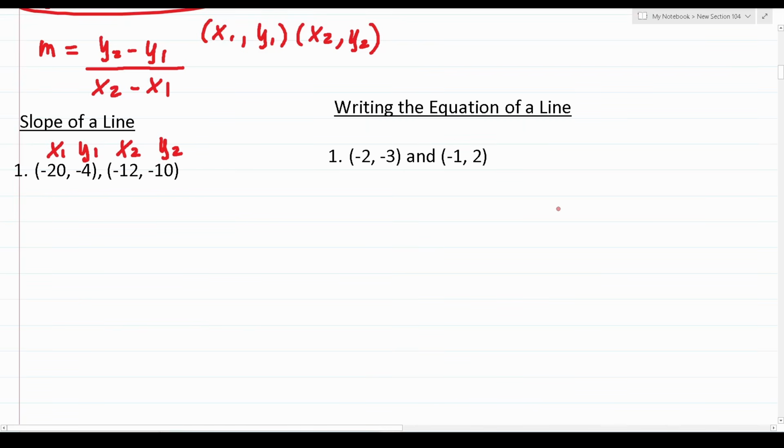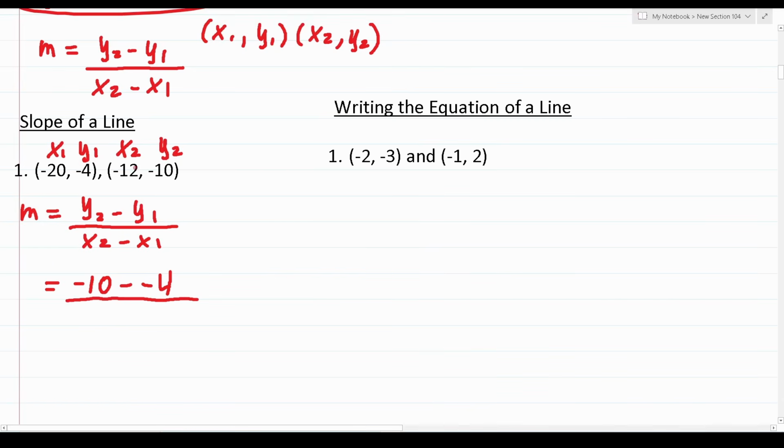Now that you've labeled your points, you can simply plug the values in to the slope formula, which is m equals y2 minus y1 over x2 minus x1. Well, what is y2? It's right here. It's negative 10. What is y1? It's right there. It's negative 4.